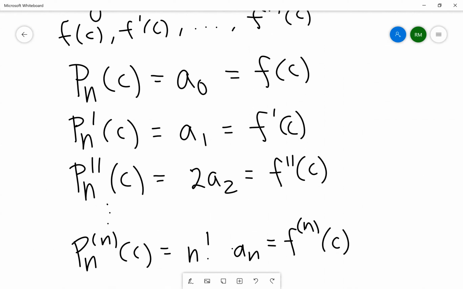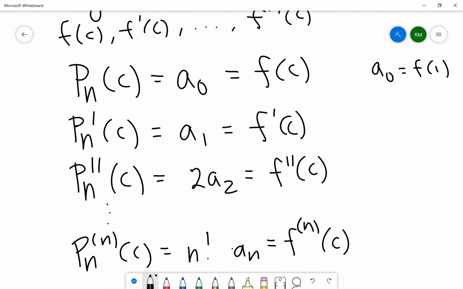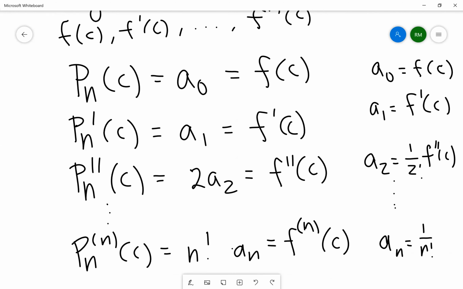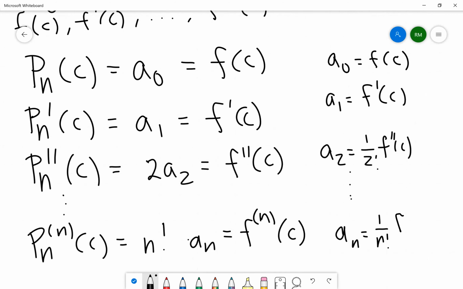Okay, so I solve for these constants, and I find that a0 is f of c, a1 is f prime of c, a2 is 1 over 2 factorial f double prime of c, and an is 1 over n factorial times the nth derivative of f at c.